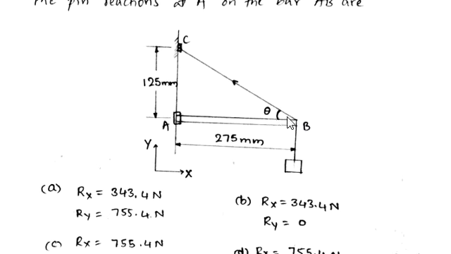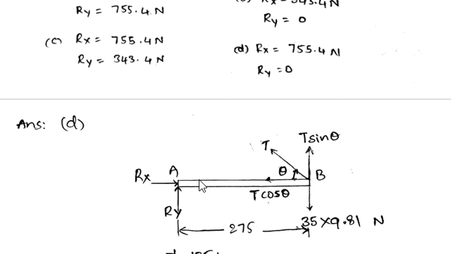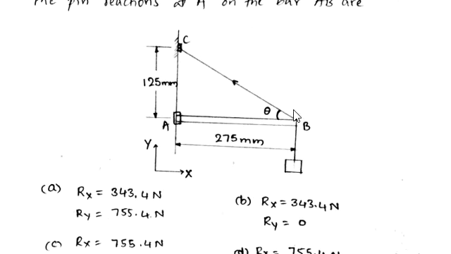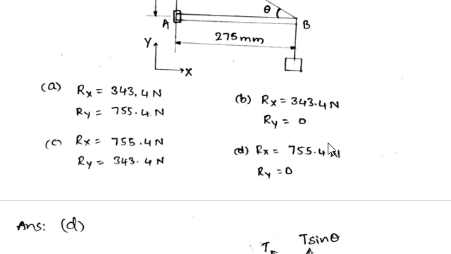Because of this horizontal tension towards left, you will get a reaction at A towards right, so you will get Rx like this. So this is the free body diagram, and if you resolve the tension in this cable, you'll get one component upward and one towards left.